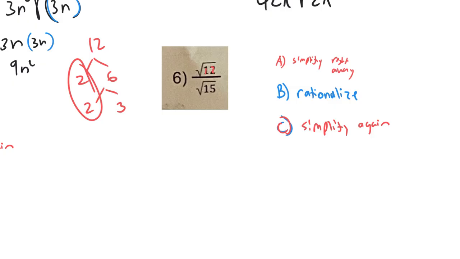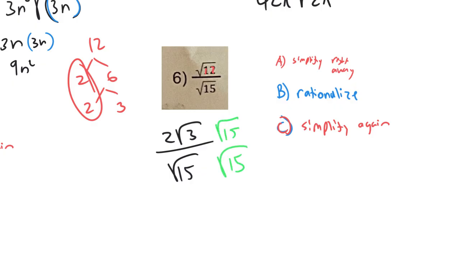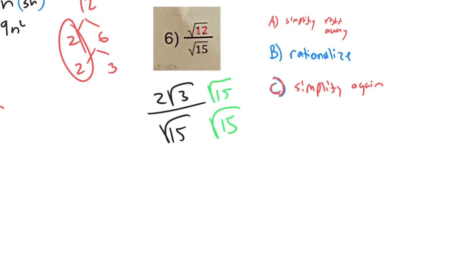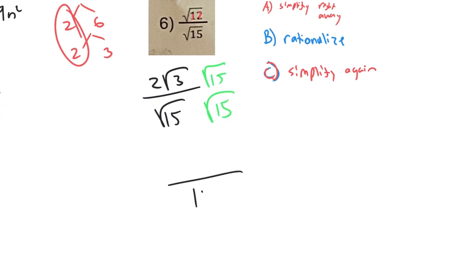So right away, we can call that 2 radical 3 over radical 15. Okay, step letter B, rationalize. Get rid of the radical on the bottom. Okay, so that means radical 15, radical 15. And next thing you know, down below, certainly it's 15. Up top, it would be 2 radical 45.